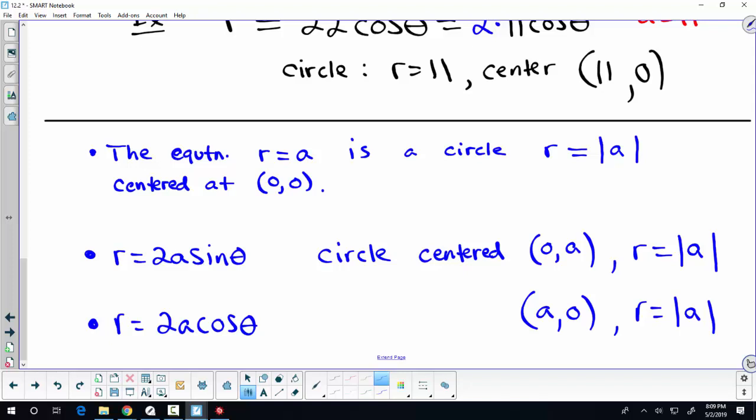So we can describe circles that are centered off the x and the y axis, but we don't encounter those.